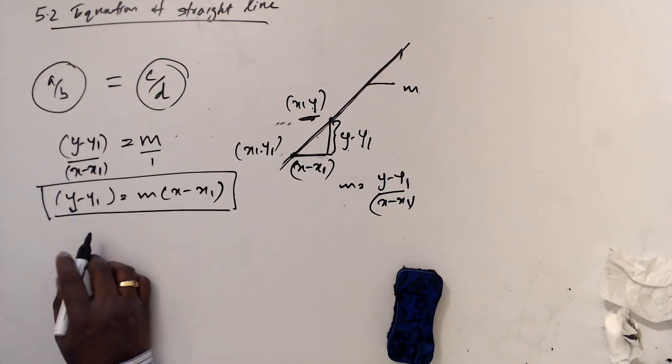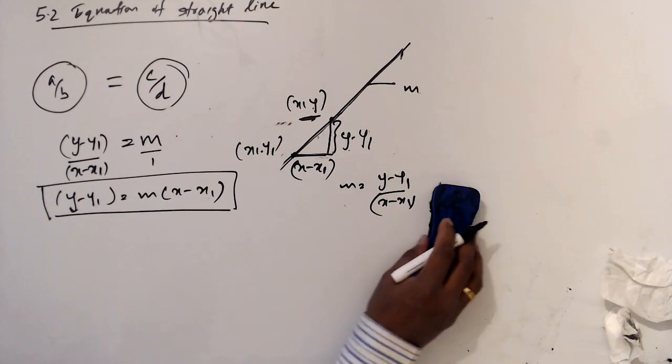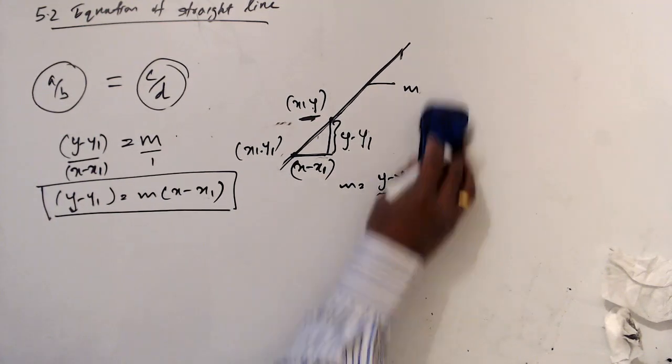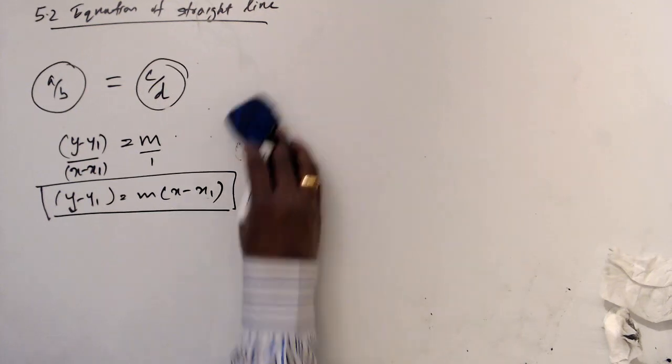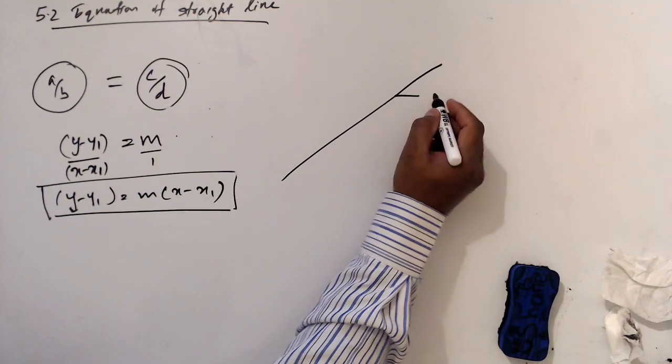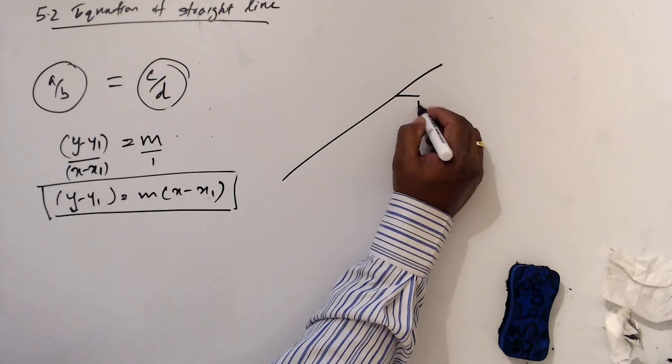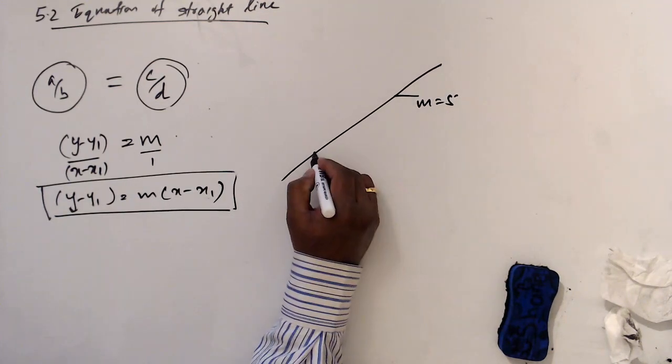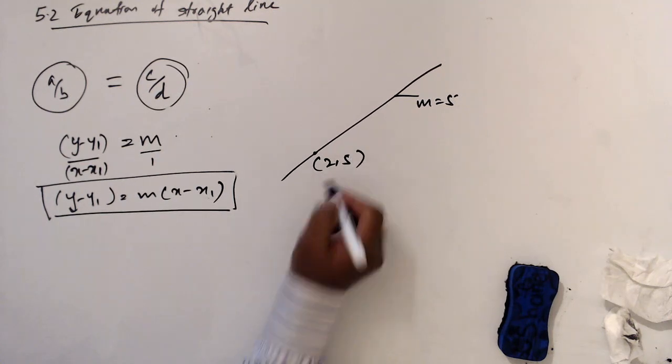With this formula, assume that you have an equation and the gradient is 5, m is 5 given, and you have the point 2, 5.